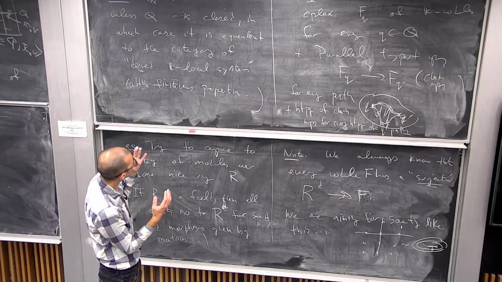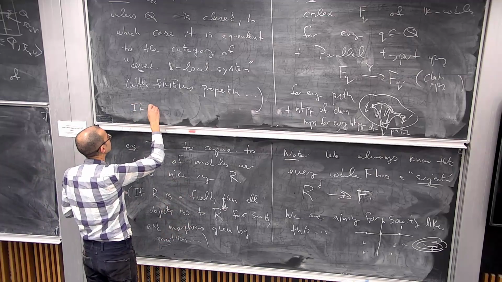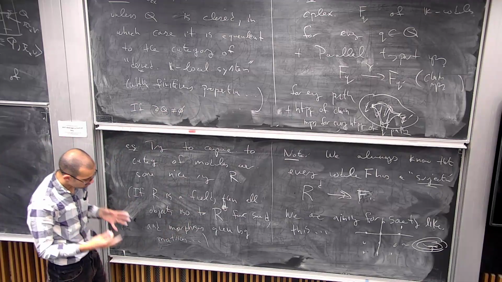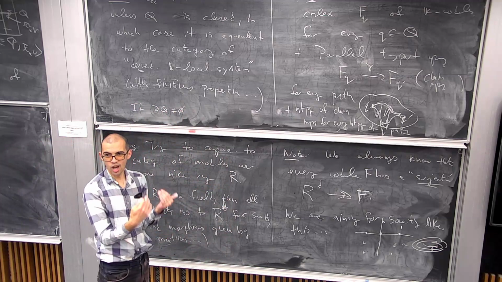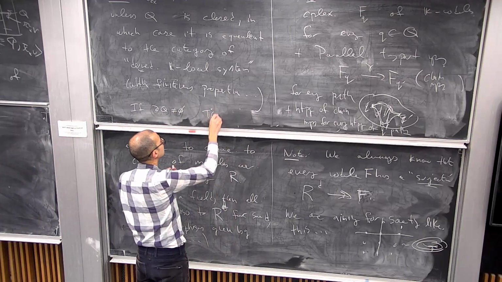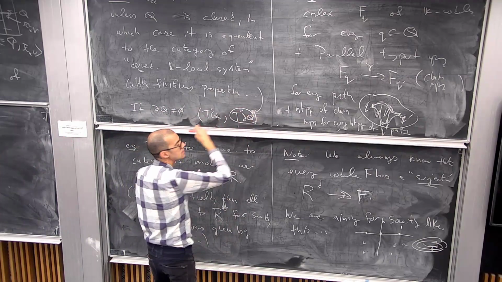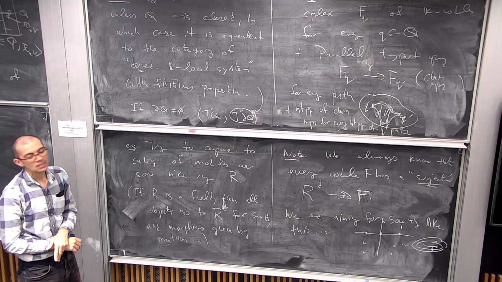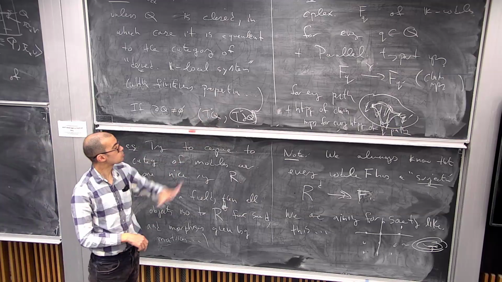If Q has boundary, then you can define some category associated not to the symplectic manifold T star Q by itself, but to the pair T star Q and T star of the boundary of Q. This sits as some kind of symplectic submanifold inside the boundary of T star Q. And then the Fukaya category for this pair is more closely related to what you want. This will not be zero.